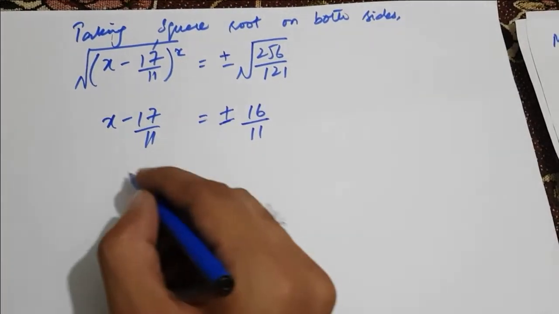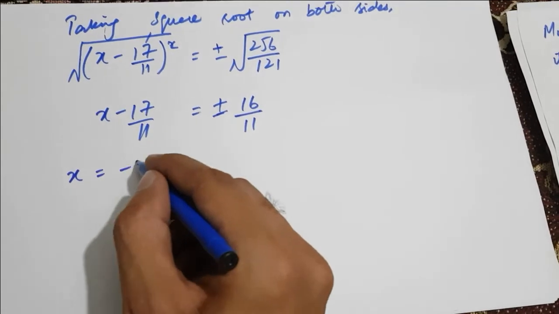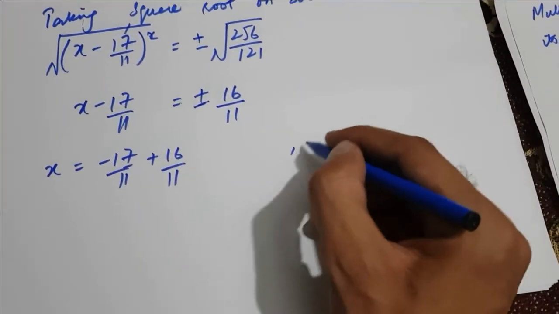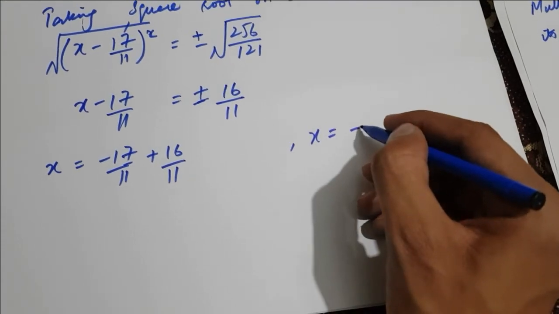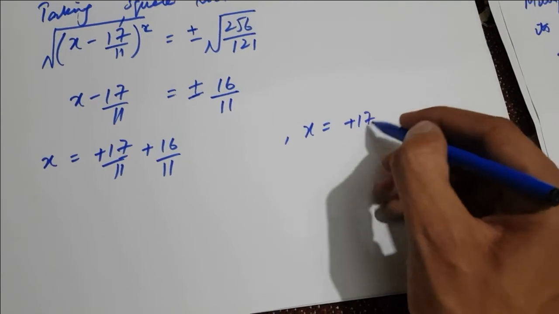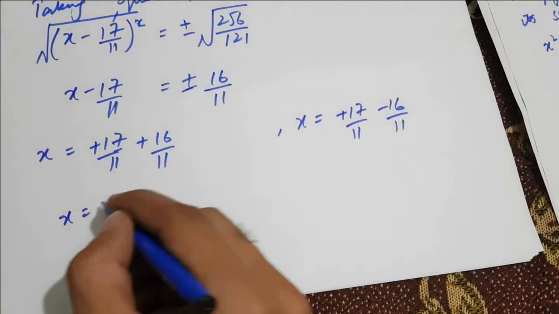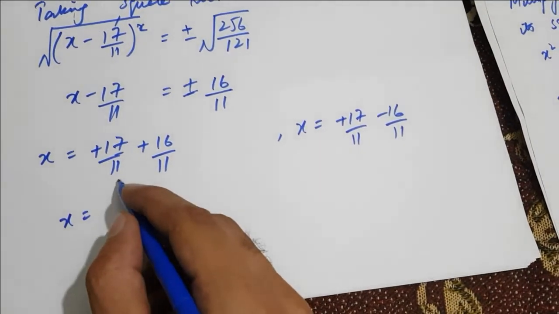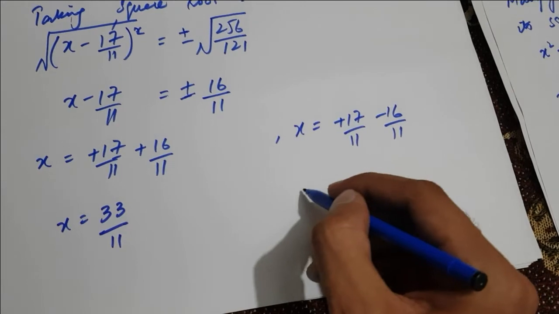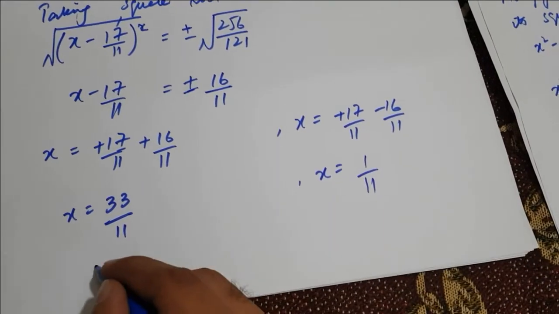So further solving, we get x equals to minus 17/11 plus 16/11, and x equals plus 17/11 minus 16/11. So here we get same denominator, 17 plus 16, we get 33/11, and here we get 17 minus 16, 1/11.